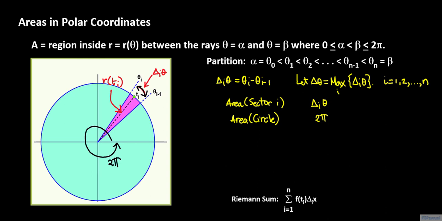Therefore, the area of sector I divided by the area inside the circle should be equal to delta sub I theta divided by 2 pi. The area of a circle, of course, is pi times the square of its radius, and the radius of our circle is r of t sub I. And therefore, the area of our circle is pi times the square of r of t sub I.